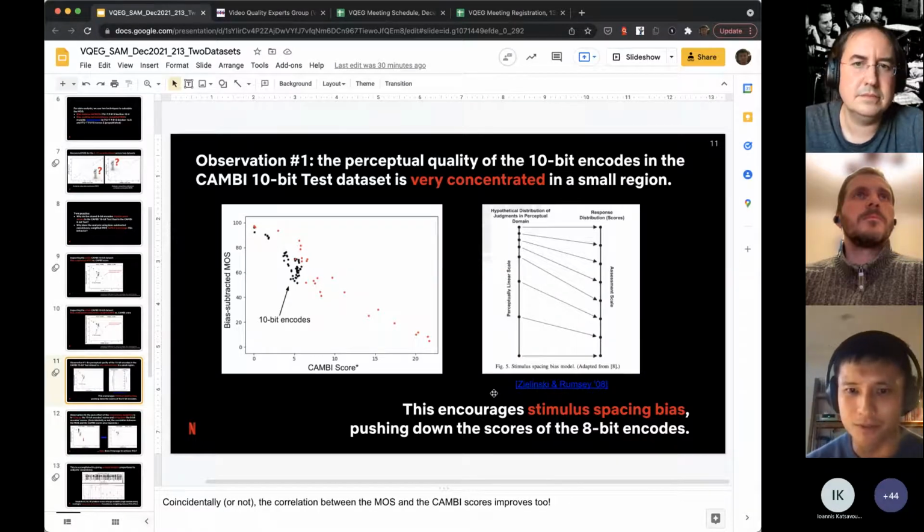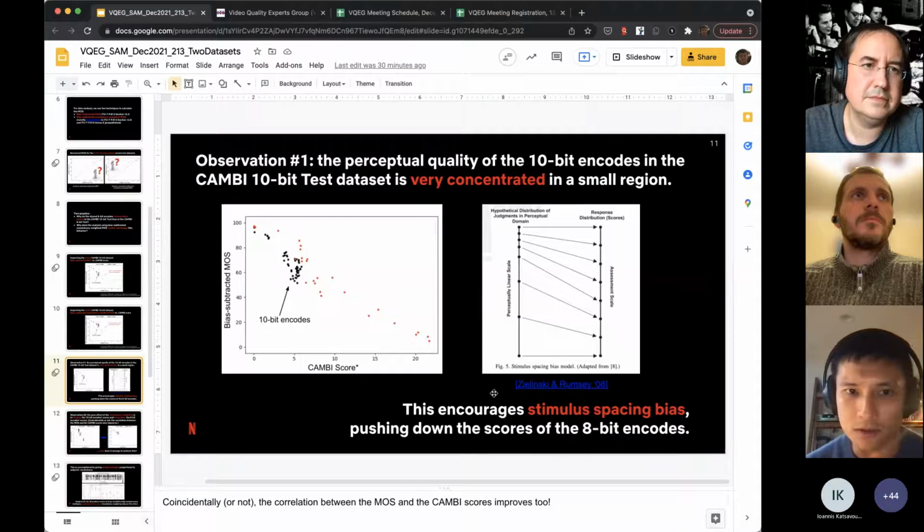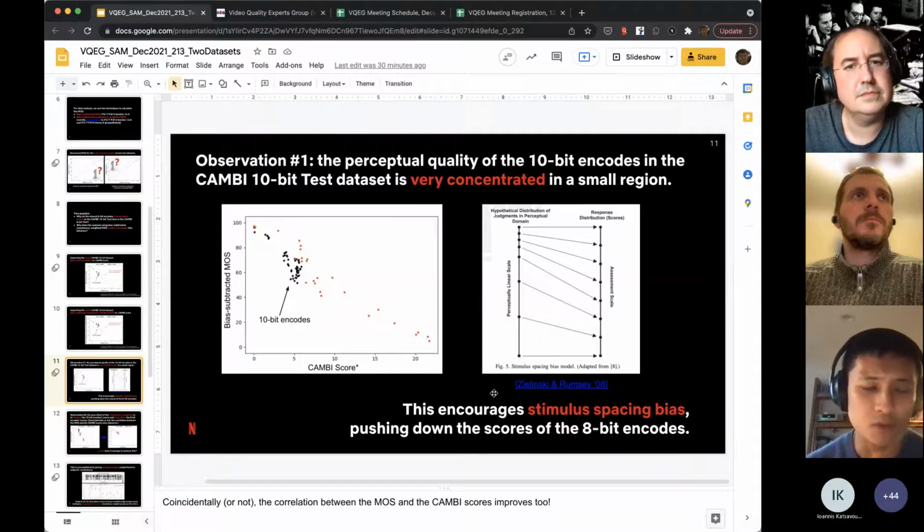So I would encourage everyone to gain a little bit more understanding of the adjacent fields. Related to that, I have this question. In audio, how they counter this effect is, for example, they have something very similar to what we have in video. We have SAMVIQ, right? In the audio community, they have the MUSHRA testing methodology.